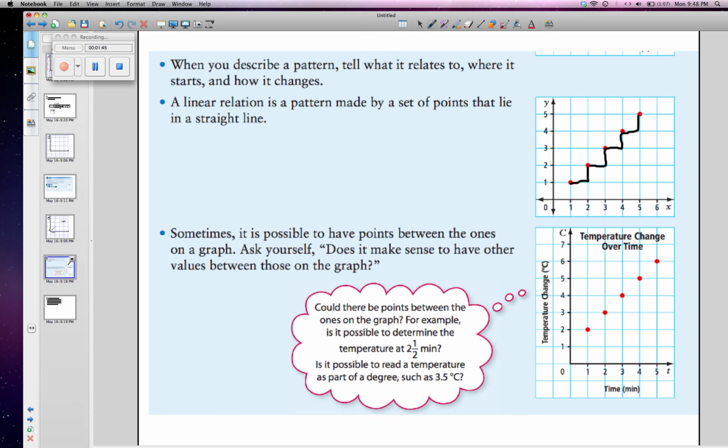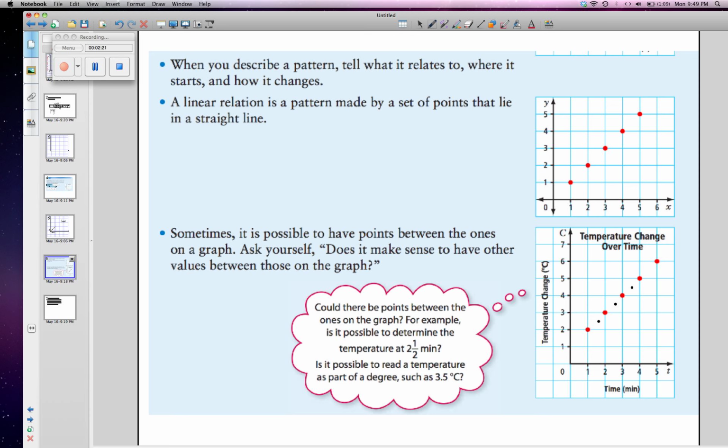It's not very hard to understand. Then we go over 1 on the x. You can see that we're making this little staircase, which is why it is linear. That's just describing what you need to know on the graph. So you have to be able to describe it. 1, 1, 2, 2, 3, 3. Those are just the points on the graph. Now what else do we need to know?